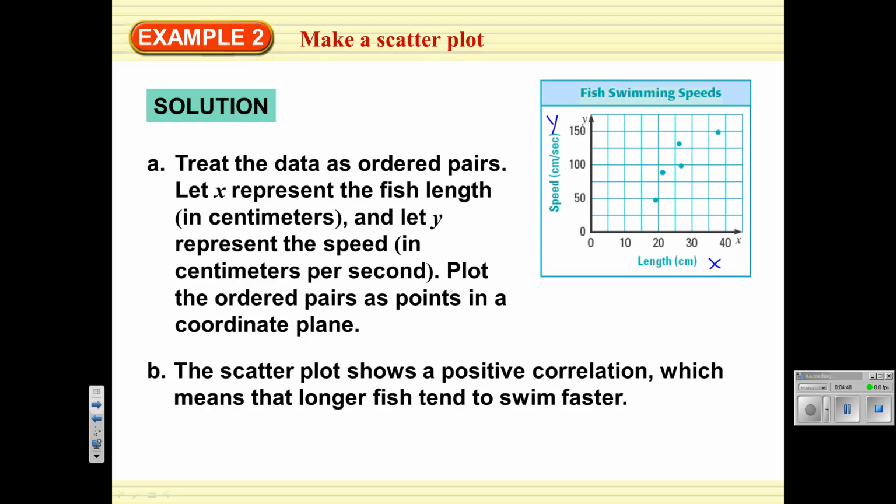And the scatter plot shows that there is possibly a positive correlation, and it might mean that longer fish tend to swim faster. Now, I would say with 5 pieces of data we might need more data, but even with those 5 pieces, you can kind of see a positive upward trend. But I would need more data.